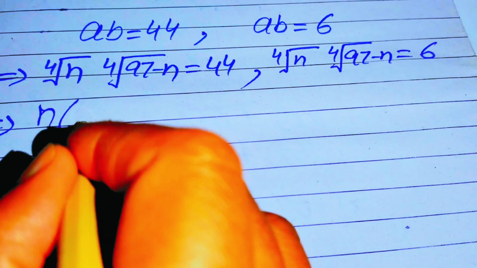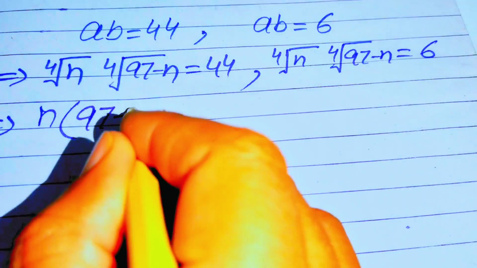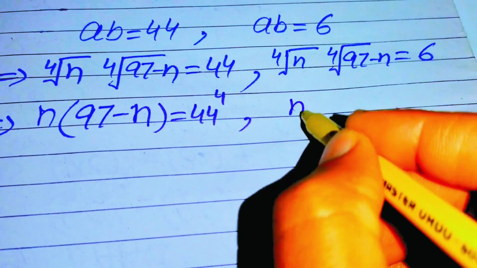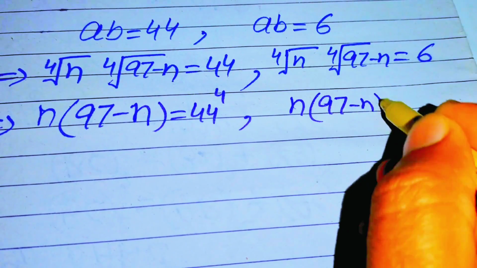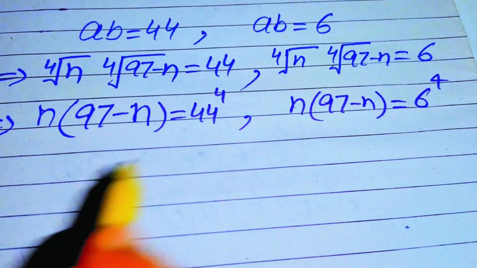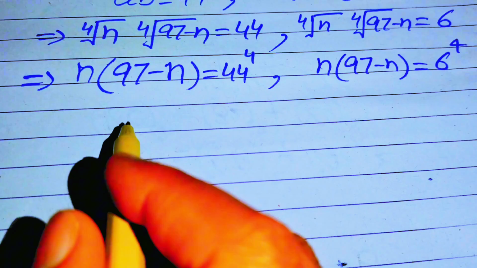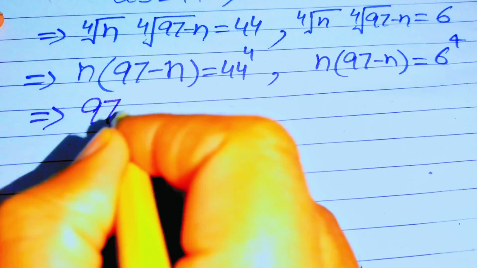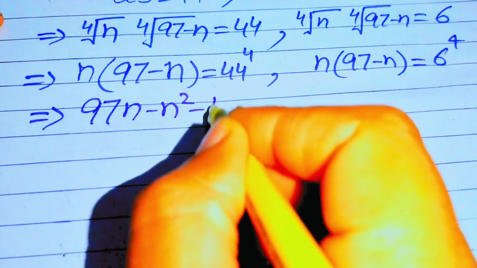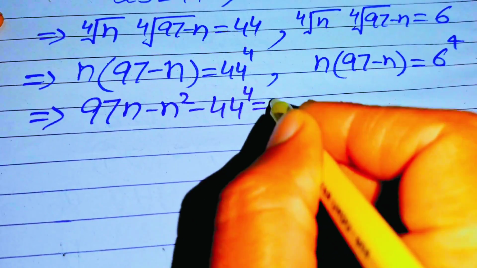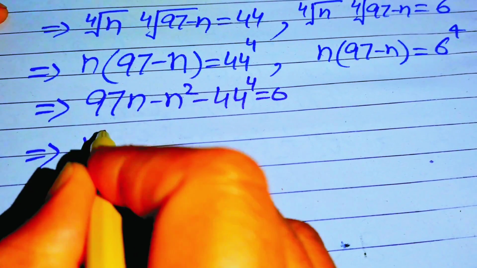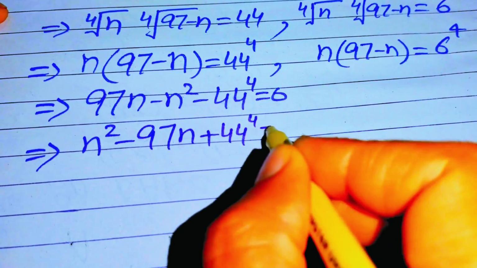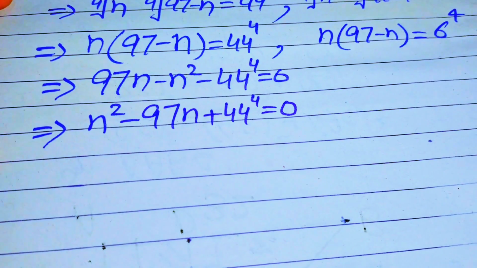Now we simplify these two equations, and first we take the 4th power on both sides, and you get n times 97 minus n equals 44 to the power 4, and in this case n times 97 minus n equals 6 to the power 4. So we simplify this equation and you get 97n minus n squared minus 44 to the power 4 equals 0, and when we simplify it you get n squared minus 97n plus 44 to the power 4 equals 0.